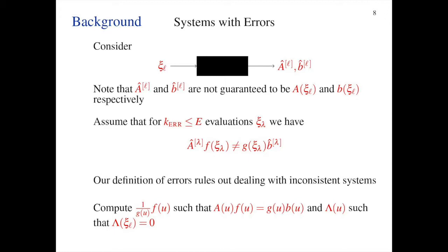And those evaluations we'll consider to be errors. So you get these scalar systems A hat and B hat, and most of the time, if I were to have the evaluated solution to the system for the point that I probed at, A hat times F will be equal to G times B hat. But sometimes I get systems such that A hat times F is not G times B hat. But no more than E times does this occur. And we still want to recover the solution X for A and B.